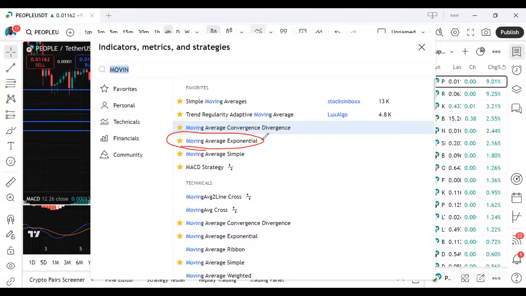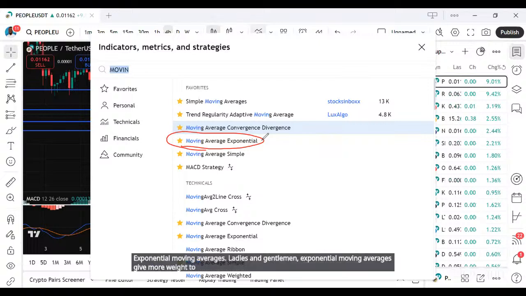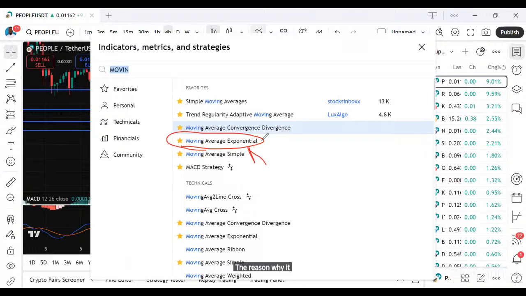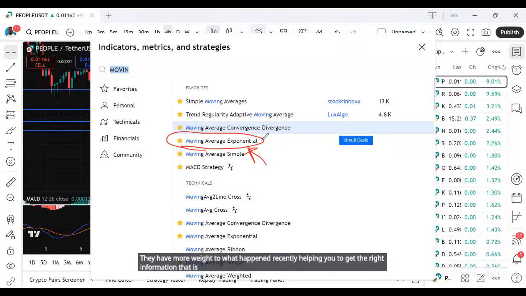Ladies and gentlemen, exponential moving averages give more weight to recent prices, making them more responsive to new information. The reason it is key to use exponential moving averages is that they give more weight to what happened recently, helping you get the right information about what is happening in the market right now.